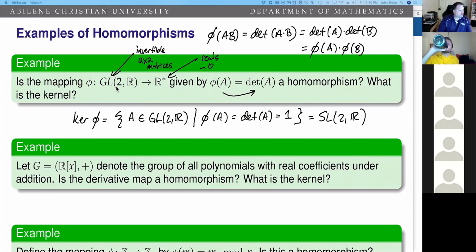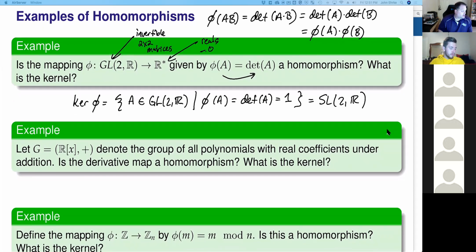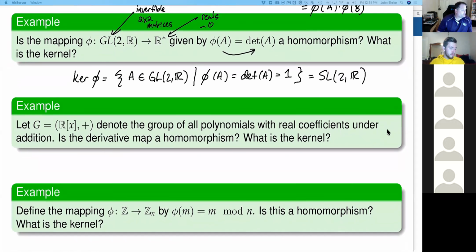So if you use the determinant mapping on the general linear group, which is the set of invertible 2x2 matrices, you get the special linear group, which is the set of 2x2 matrices with determinant 1. That's going to be important going forward. Another example, the group of all polynomials with real coefficients under addition.